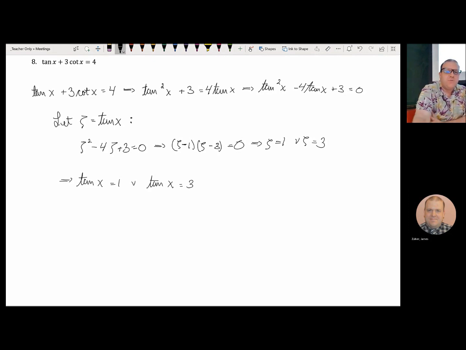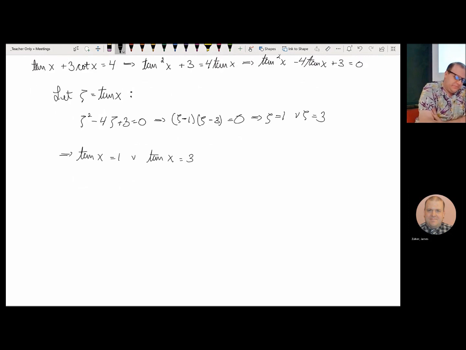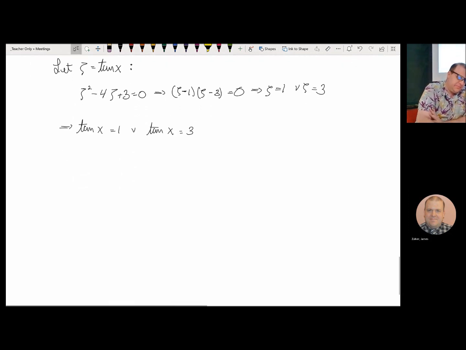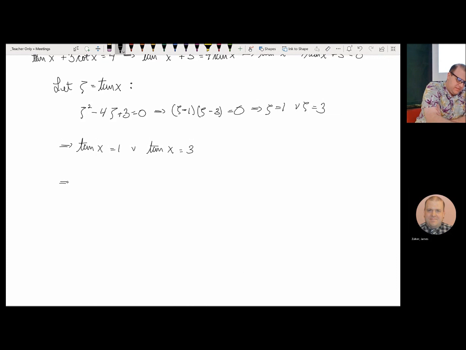Right, tan x is either 1 or tan x is 3. When is tangent of x equal to 1?